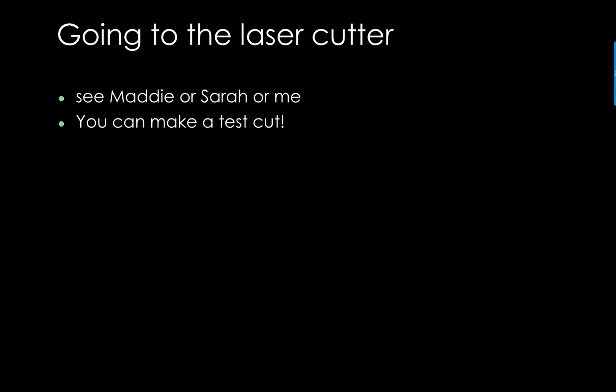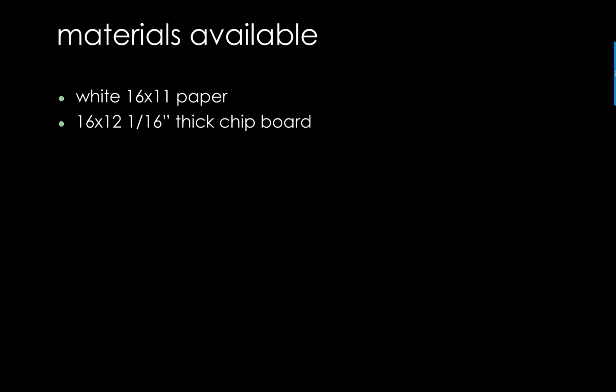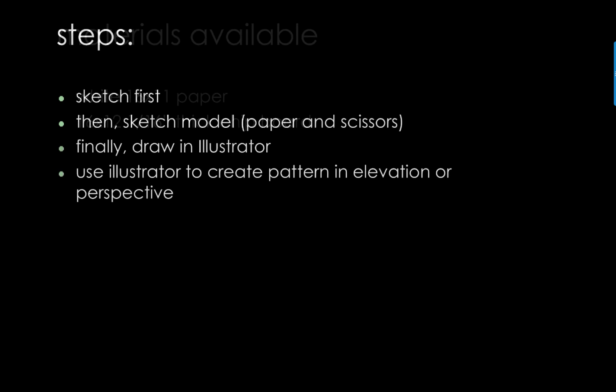So when you bring your file to them, stick around and they'll see if it actually works. The materials I have, like I mentioned, there's a white heavyweight paper, and also a thick chipboard, which is obviously less flexible because it is chipboard. But you'll have to decide what you want to use.